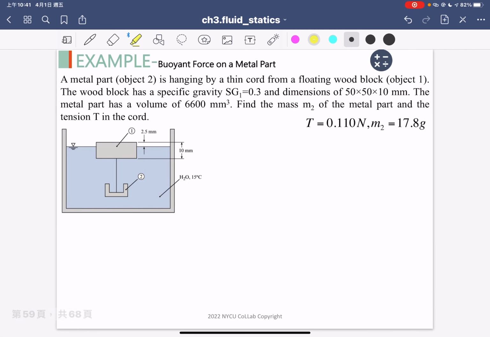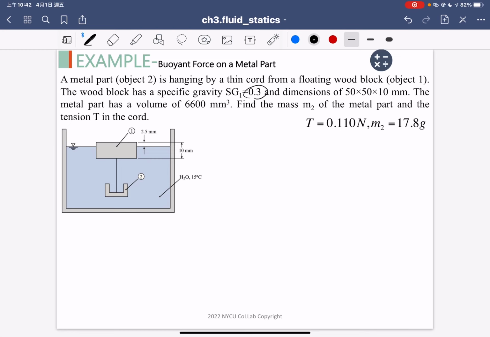So we have one example to practice how to apply the Archimedes principle. As the question says, we have two objects. Object one is the floating wood block. The wood block has a specific gravity SG1 equal to 0.3.